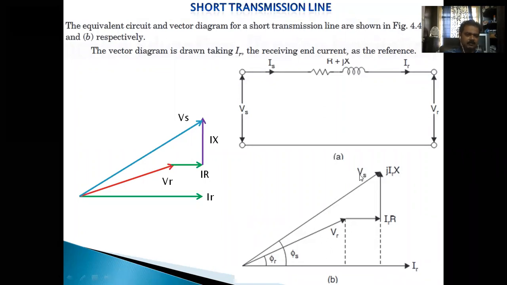That is the first equation: Vs cos phi s is equal to Vr cos phi r plus IR.